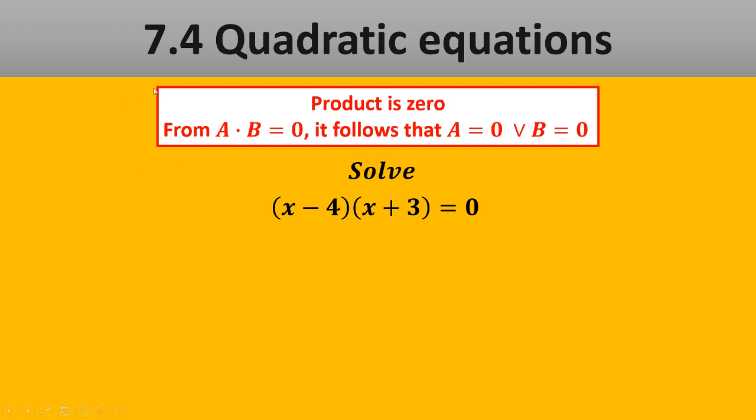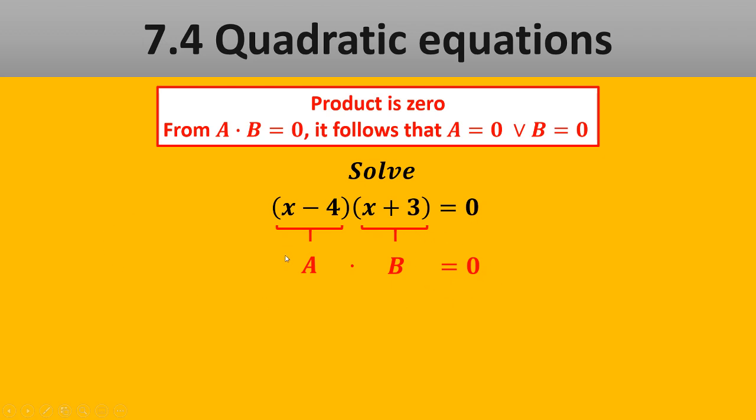Because when we now know this rule of product equals 0, we can now say, hey, but this is a product. It's the first thing inside of brackets, x minus 4, times, because you could say there's a times sign here, right? x plus 3 equals 0.